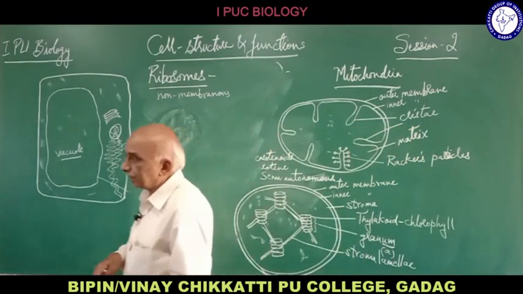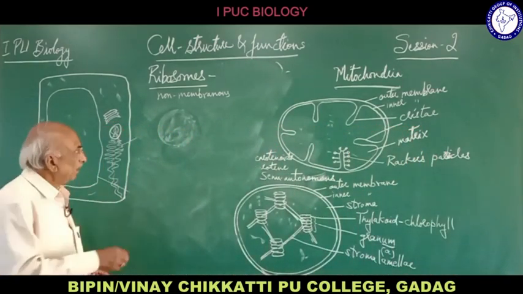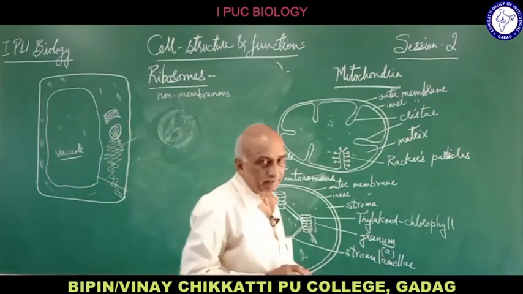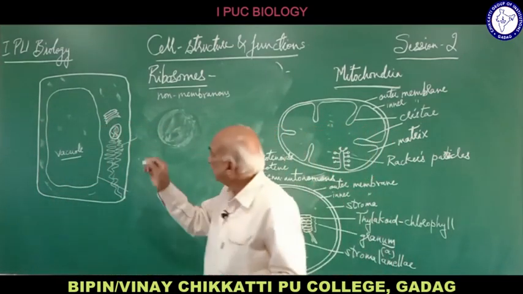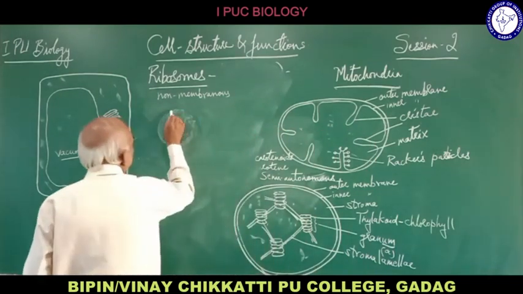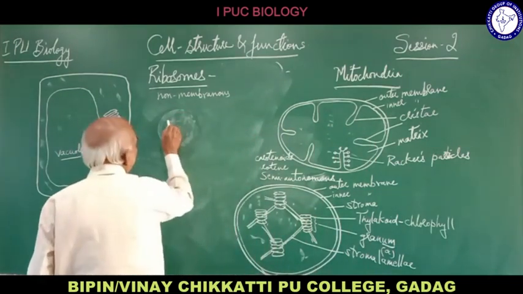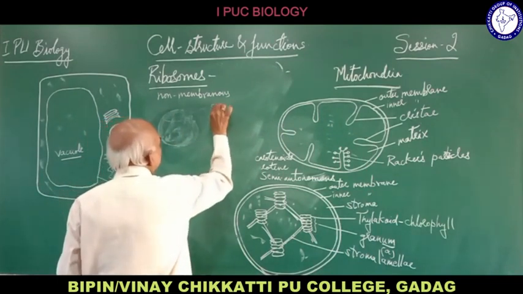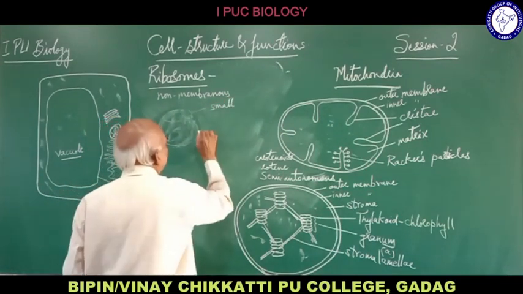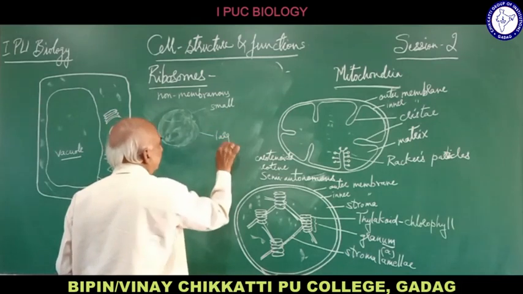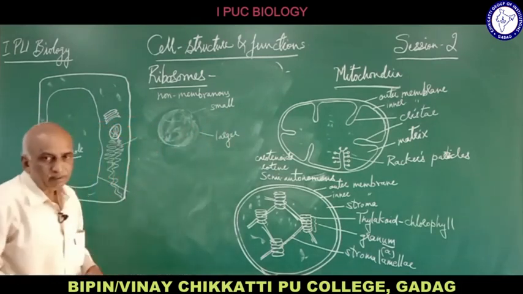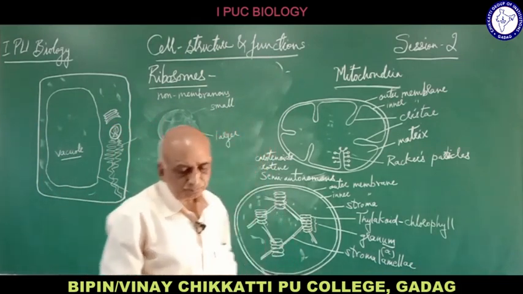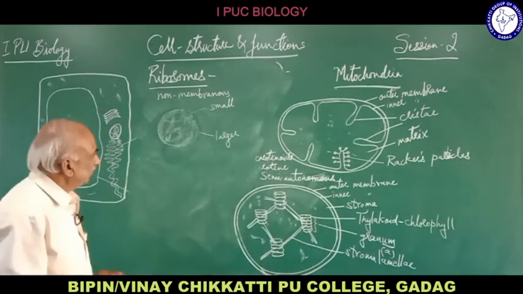But when the ultrastructure of the ribosome is studied, it is made up of two units, a large unit and a small unit. So this is the smaller unit and this is the larger unit of the ribosome, though together they appear as a small particle.